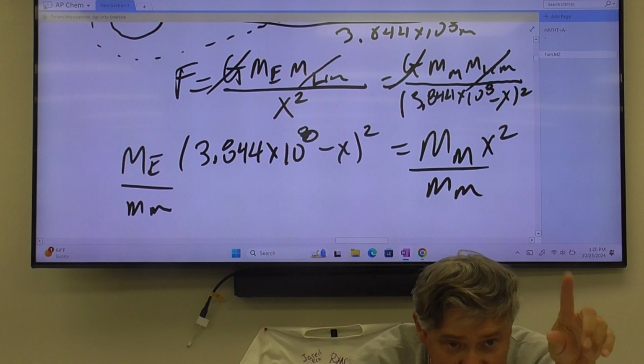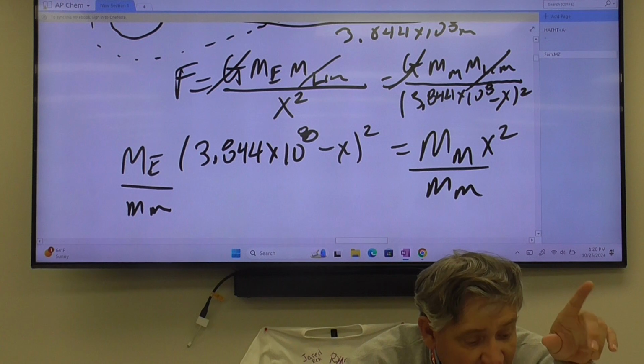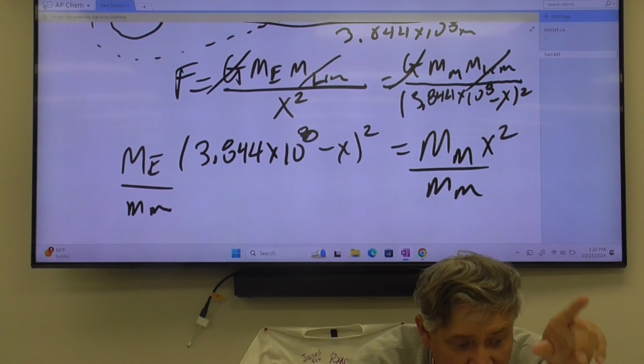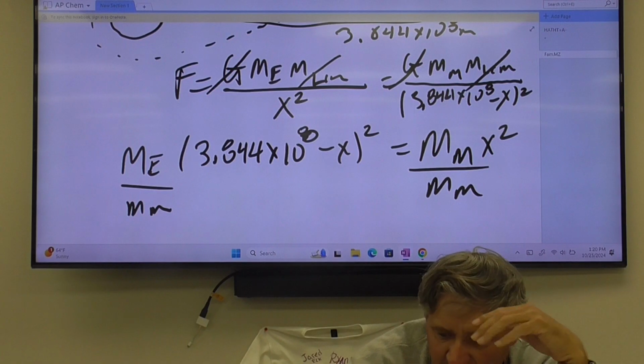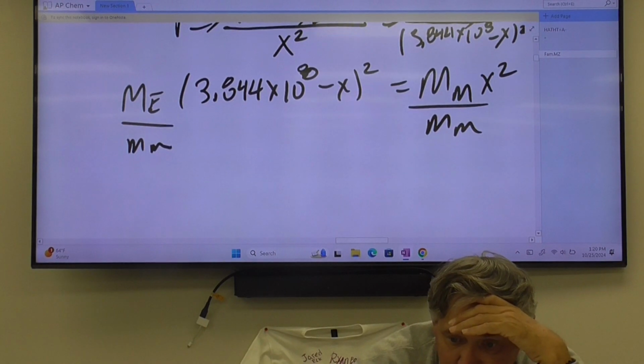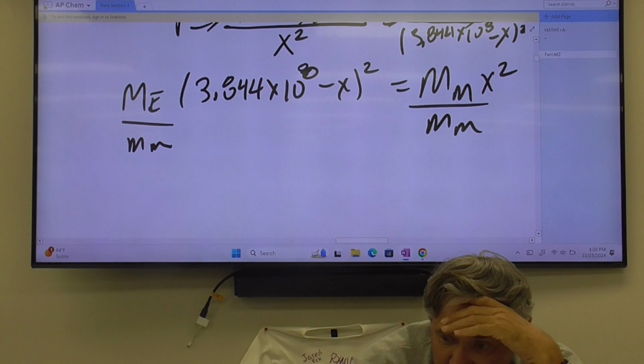So on your calculators, pull up the mass of the Earth and divide that by the mass of the moon, which is 7.35 times 10 to the 22nd. It's around 80 if I remember right.